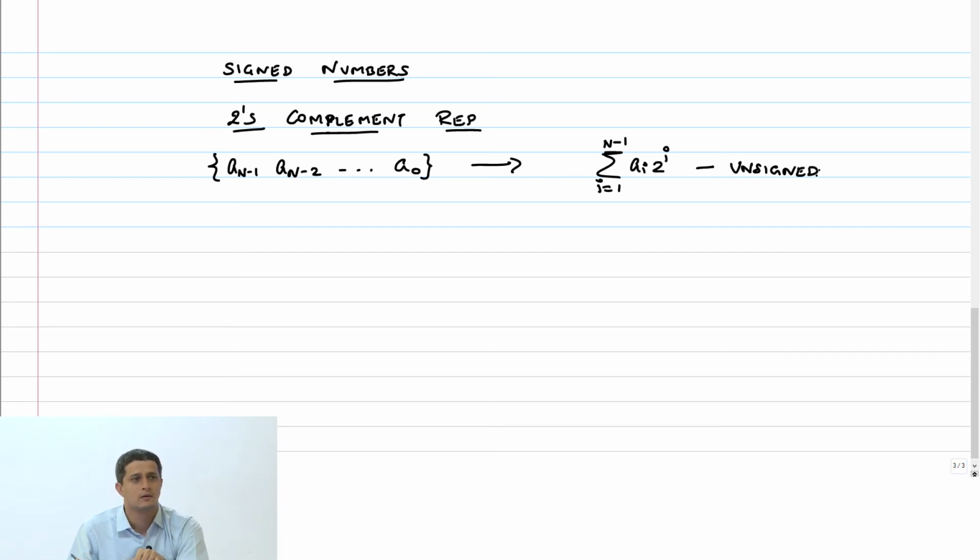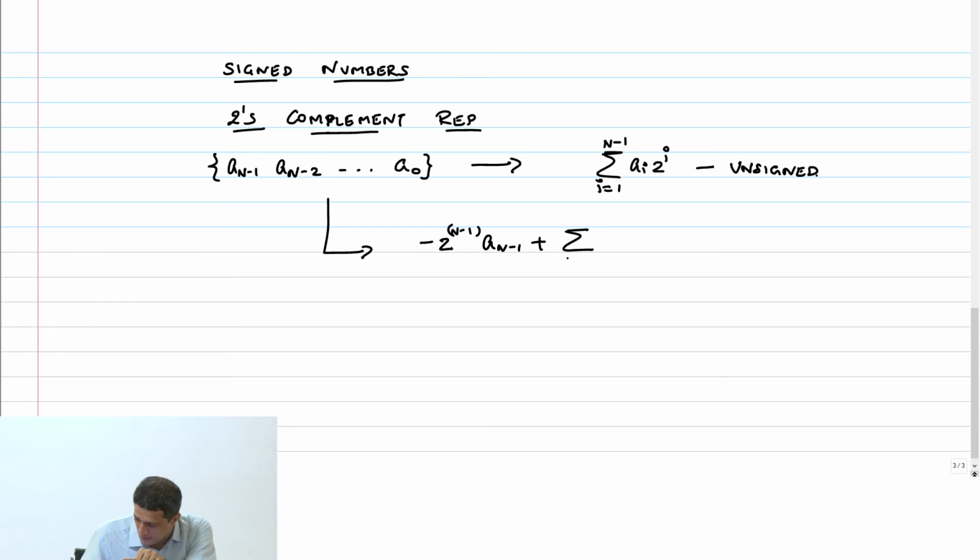Correct? But if it is a signed number, the 2's complement representation is the following. I will write this as minus 2 power n minus 1 times a n minus 1, plus the summation for i equal to 0 to n minus 2 of a i times 2 power i. Okay?